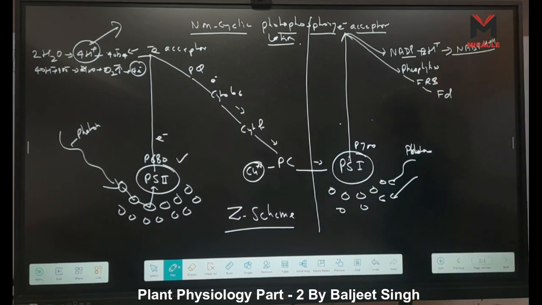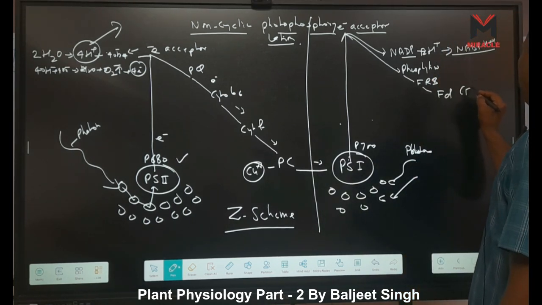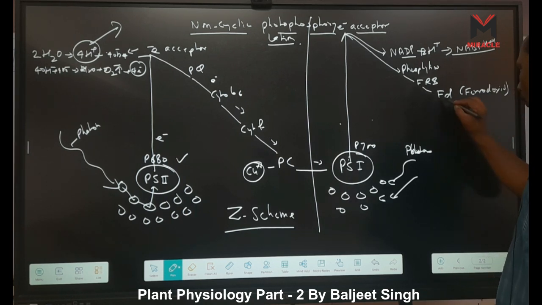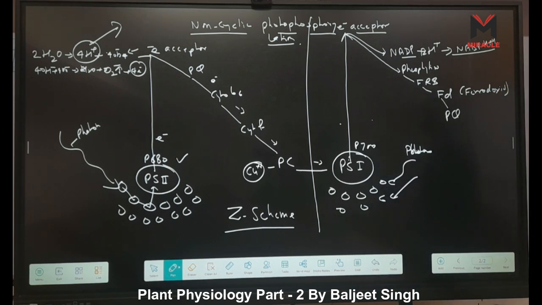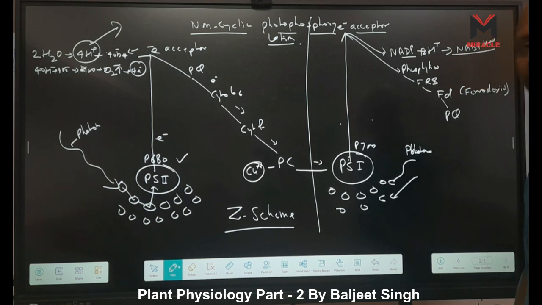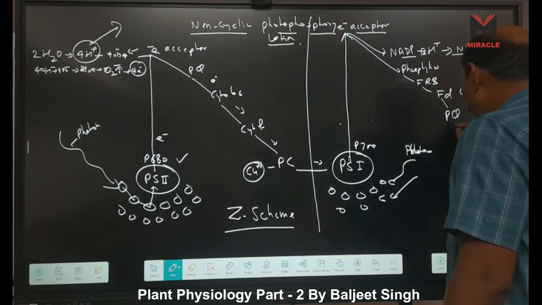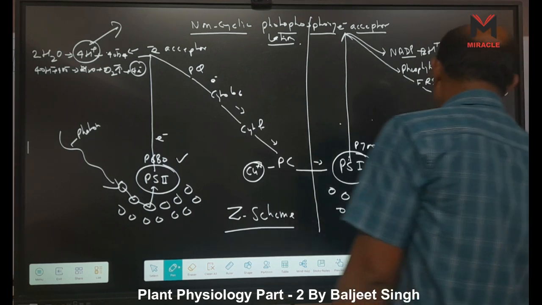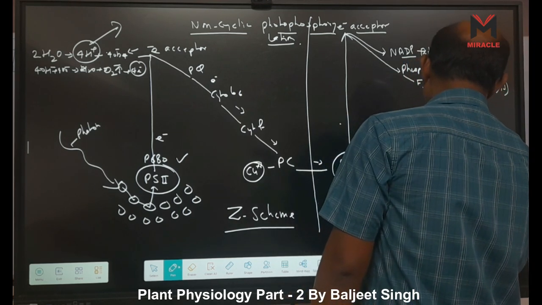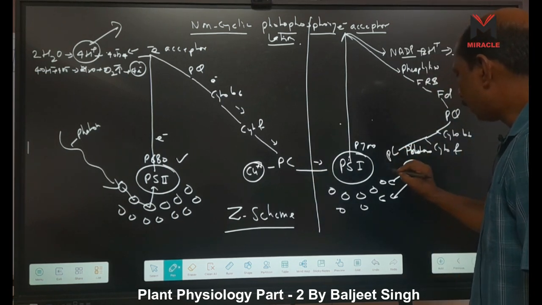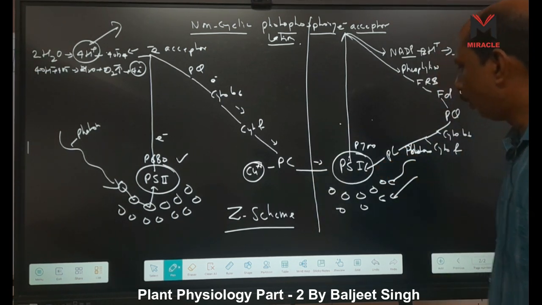FD means ferredoxin, an iron containing molecule. Now ferredoxin comes to the plastoquinone, then from plastoquinone to cytochrome B6 to cytochrome F, from cytochrome F to plastocyanin, and plastocyanin to PS first.